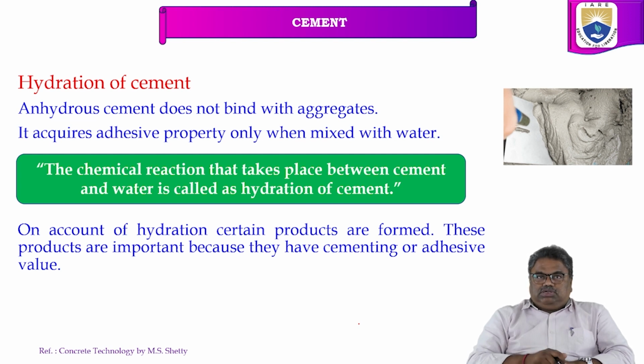When we mix water into the entire mix of cement and aggregate, it acquires adhesive property. The chemical reaction that takes place between cement and water is called hydration of cement.